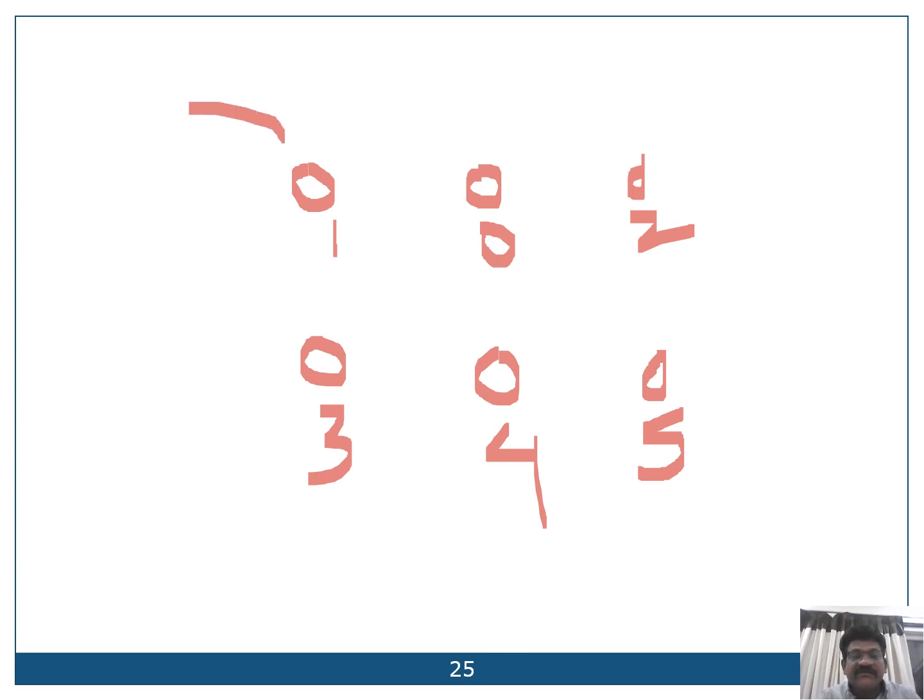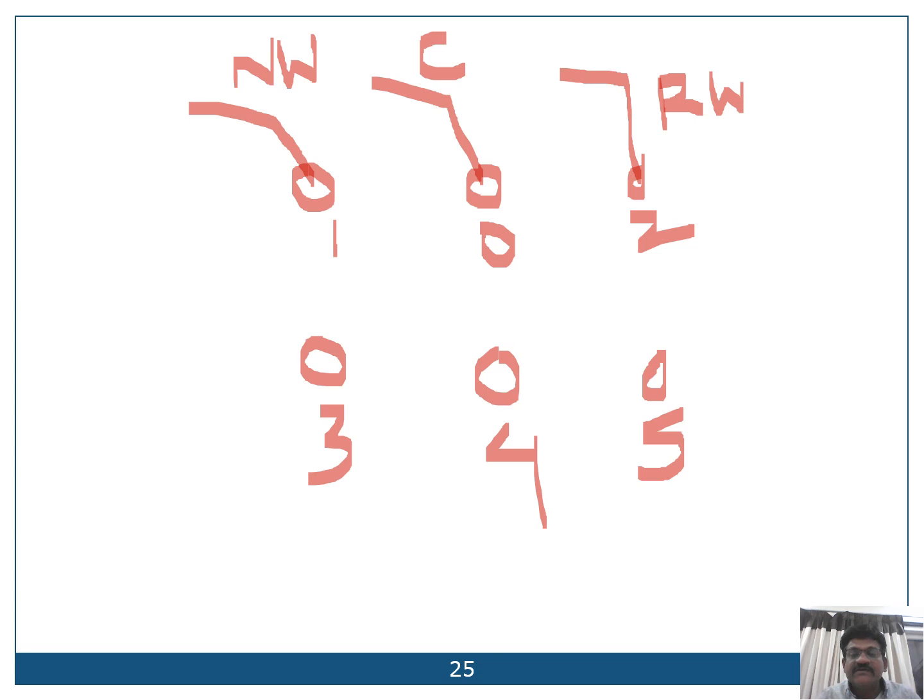Generally this is for normal, this is for reverse, and this is your common. And generally we name them NW, RW and CW. In this way we name them. This common supply, 110 volts negative, is given here.